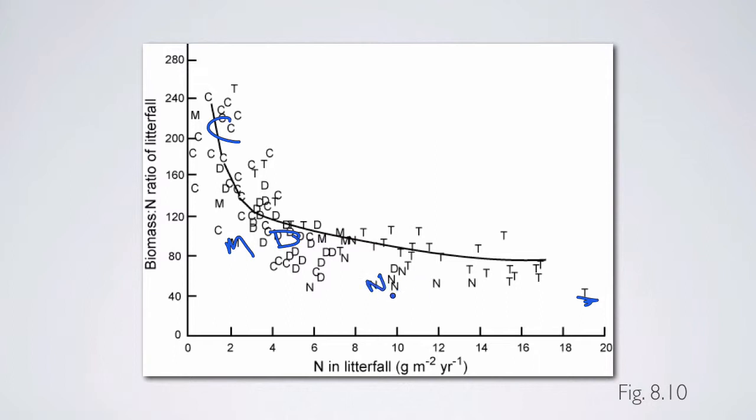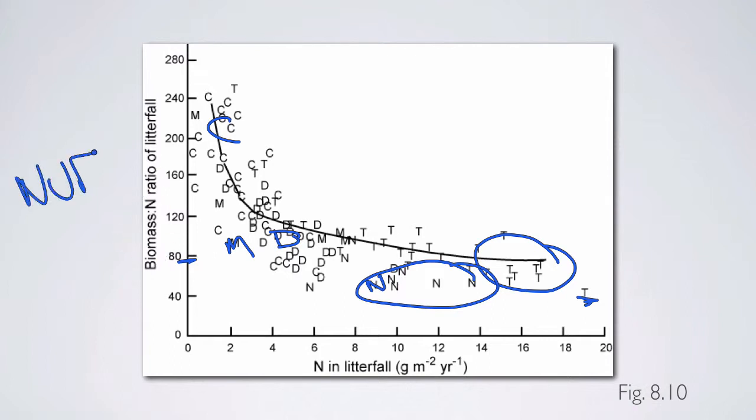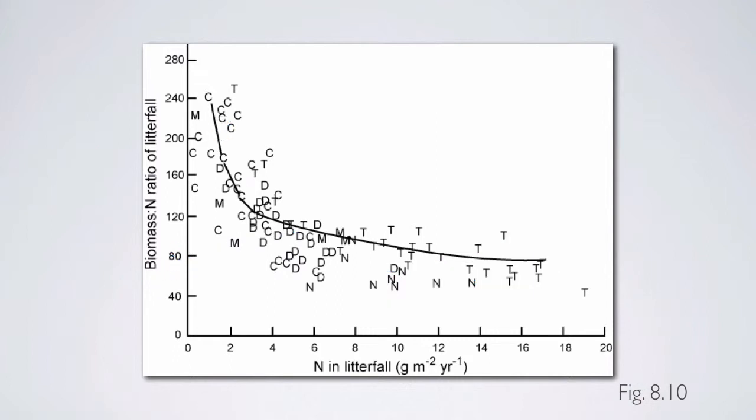So when you have systems that have a lot of nitrogen in them, for example, as you would find in tropical systems, or those forests that have a lot of nitrogen fixers in them, the nitrogen concentrations in that litter fall are relatively high. And so the biomass to nitrogen ratio, which is an index of nitrogen use efficiency, is relatively low. They're just not that efficient in using their nitrogen.